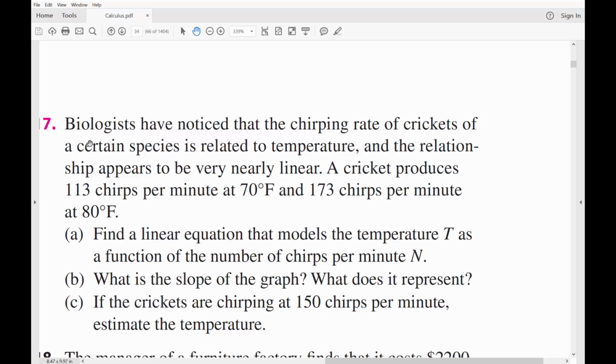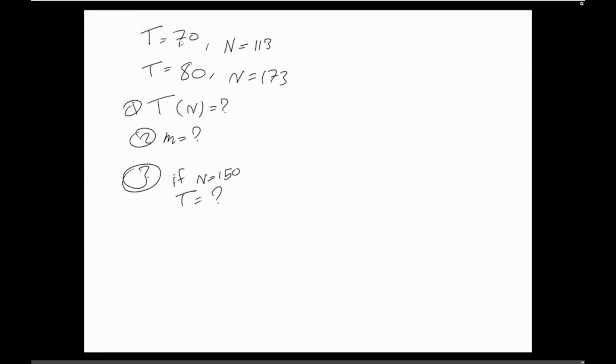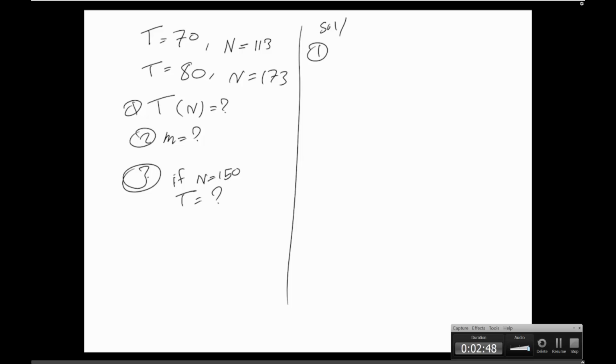So let's go for the solution. I have written everything. It says when the temperature is 70, then n is 113, and when the temperature is 80, chirps is 173, so we have an increase, and it wants from us T as a function of n, the slope, and this is the third requirement. Let's start with the first requirement.